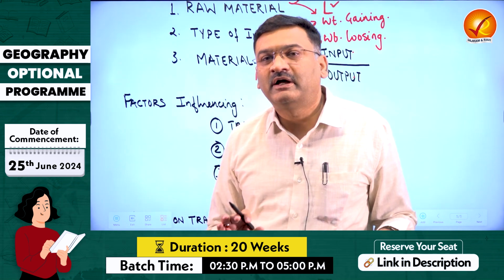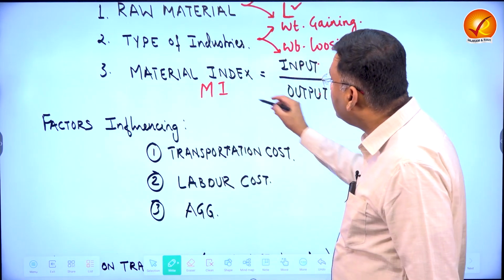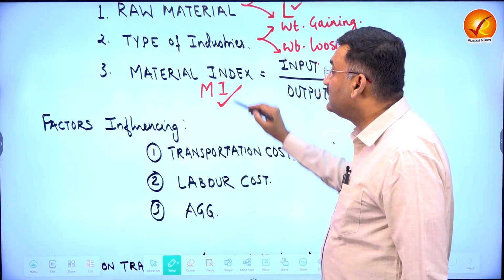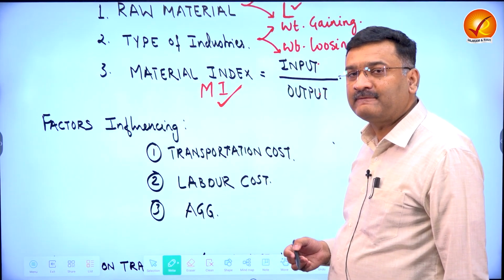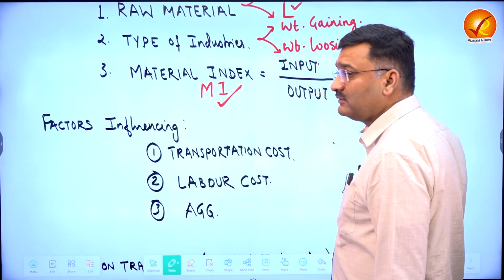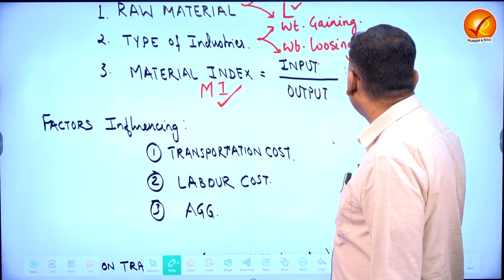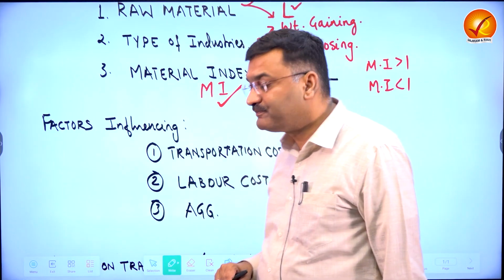So 10 divided by 1 will be known as material index, and the value of material index will decide whether the industry is weight losing or weight gaining. If the material index is greater than 1, this is weight losing. If the material index is less than 1, this will be weight gaining industries.